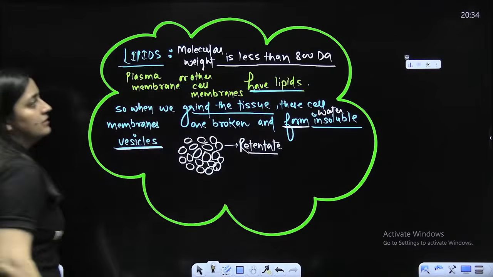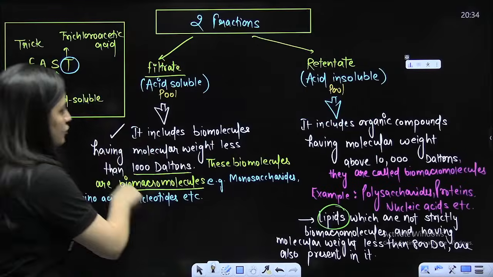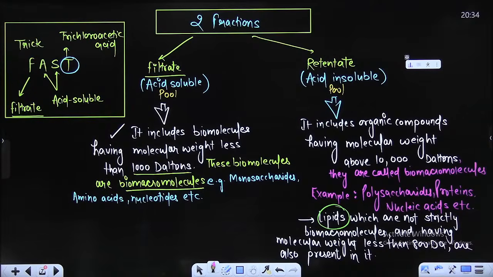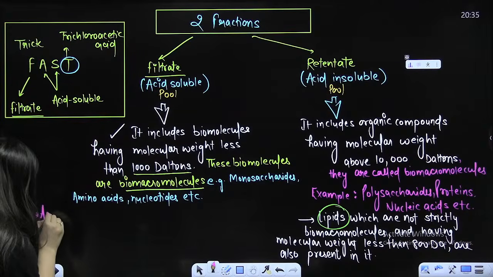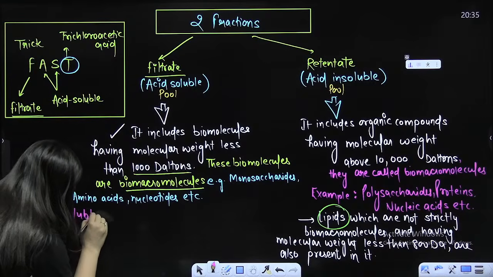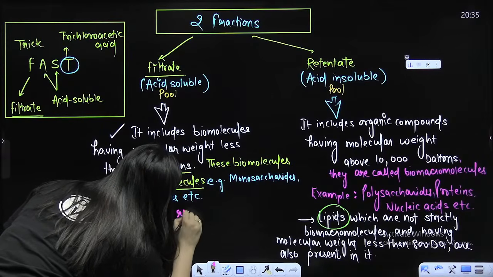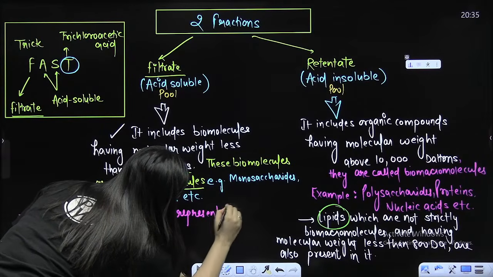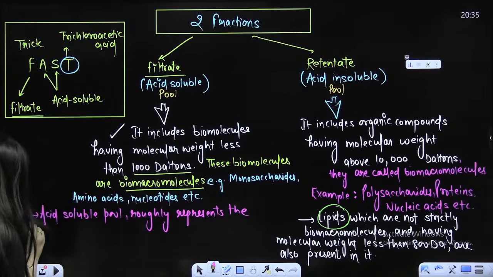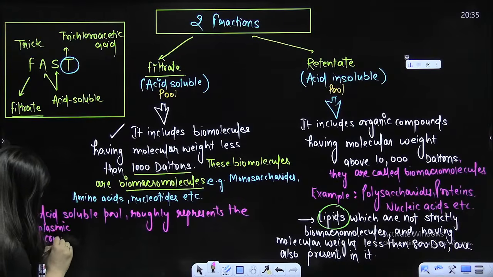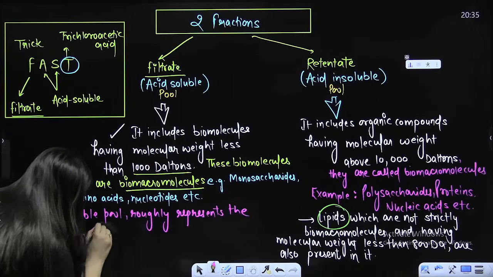800 Daltons. Done? Okay. So now when you look at the acid soluble pool and the acid insoluble pool, we will see that the acid soluble pool roughly represents the cytoplasmic composition, whatsoever is there in the cytoplasm, without organelles.